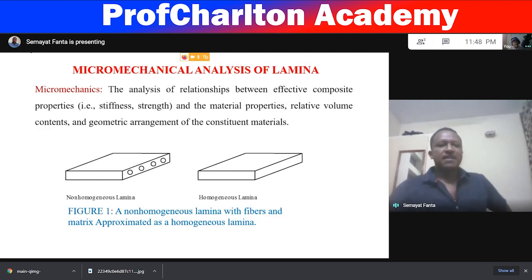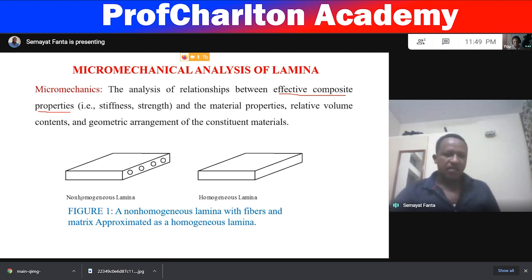So micromechanics is the analysis of the relationship between effective composite properties, like stiffness and strength, which are effective properties, and the material properties, relative volume contents, and geometric arrangement of the constituent materials.